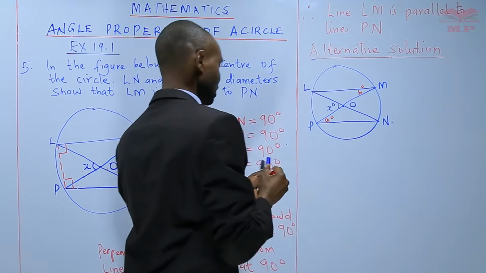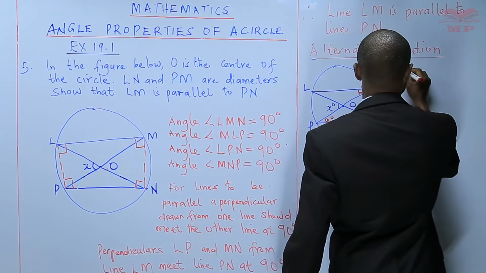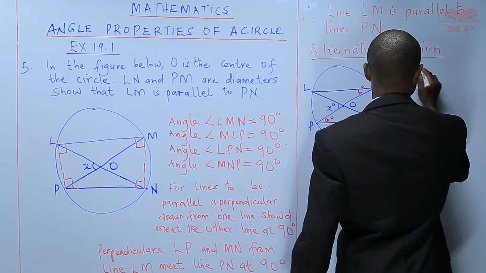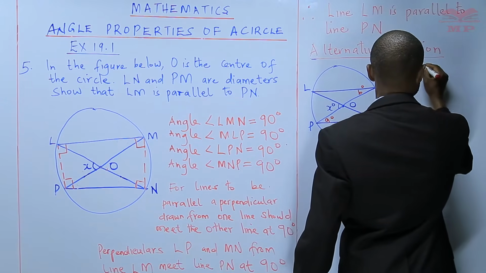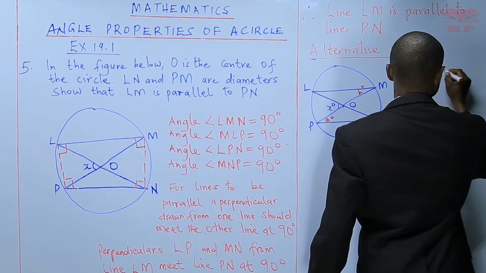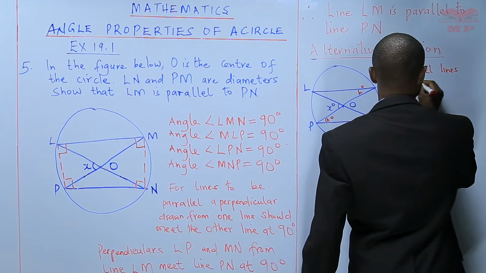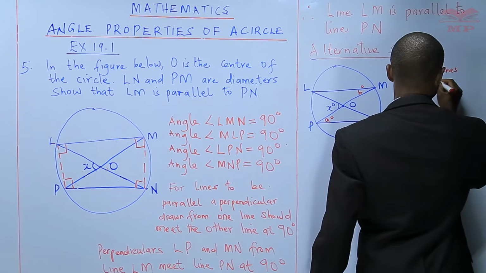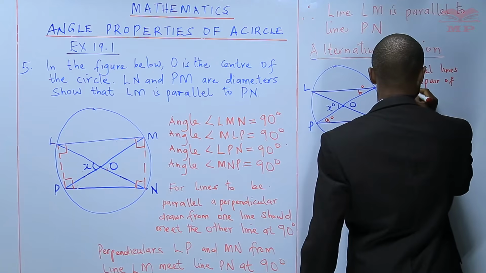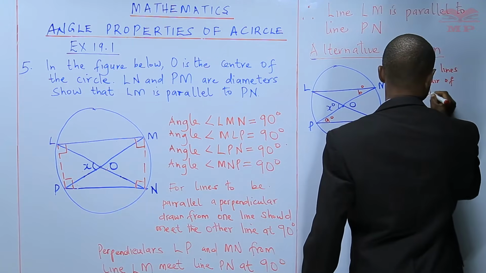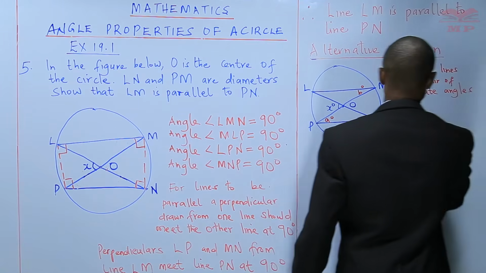So I say parallel lines form a pair of alternate angles which are equal.